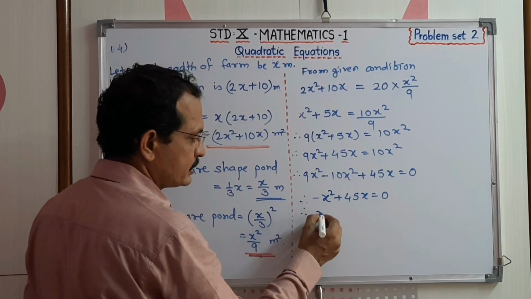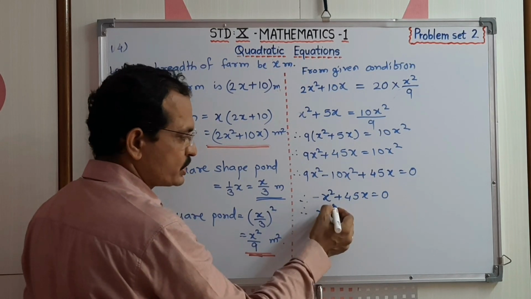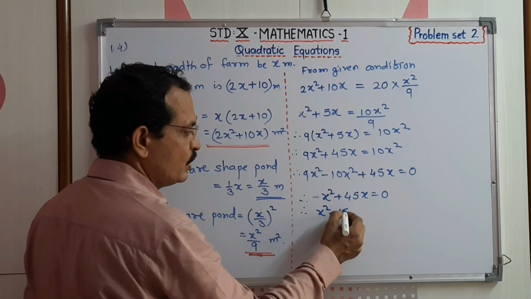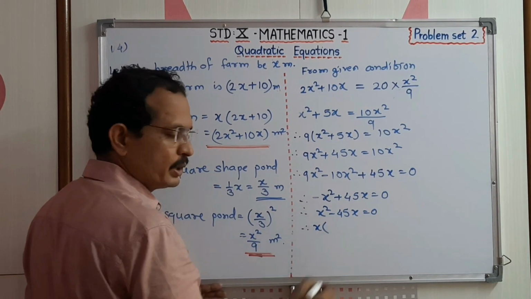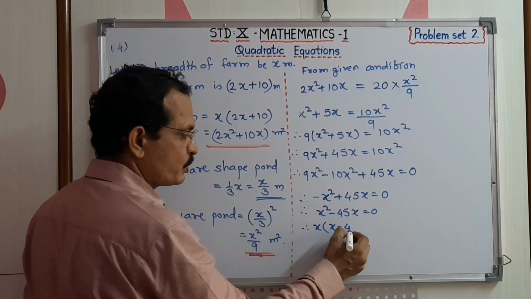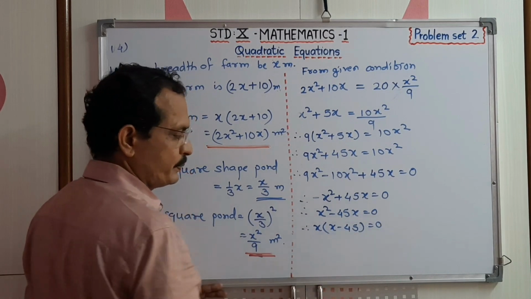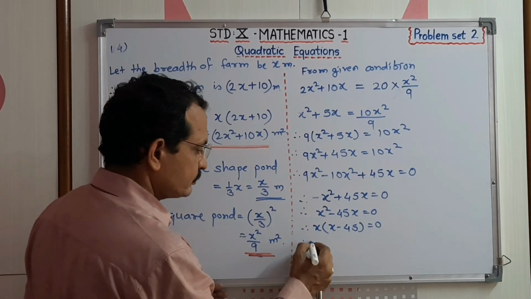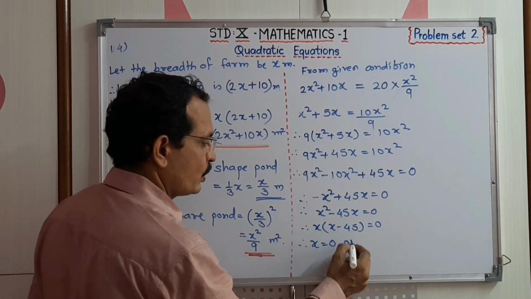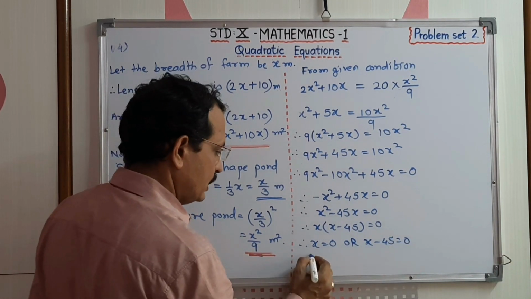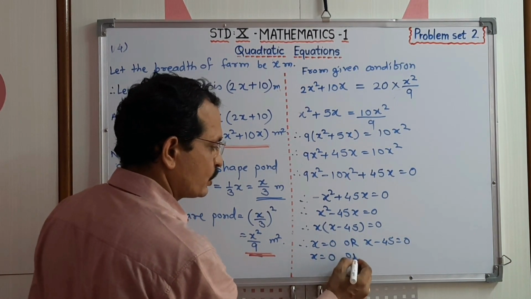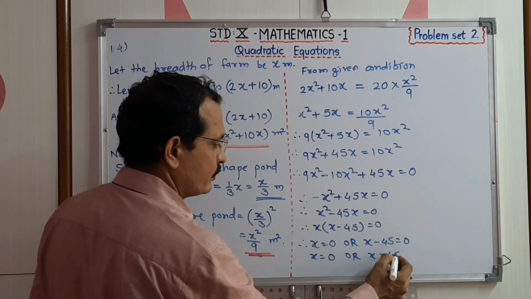We multiply by minus 1 on both sides, and we get x square minus 45x is equal to 0. Now take out x as common, therefore x into (x minus 45) is equal to 0. Therefore x is equal to 0 or x minus 45 is equal to 0. Therefore x is equal to 0 or x is equal to 45.